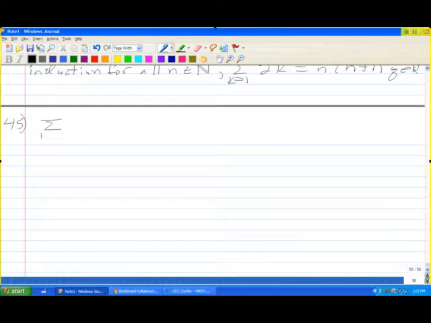Sum k equaling 1 to n of 10k minus 6. I want to show by mathematical induction that this is equal to n times 5n minus 1. Okay, so let's show that.